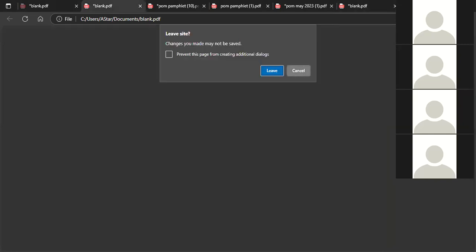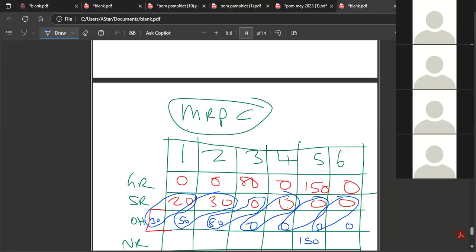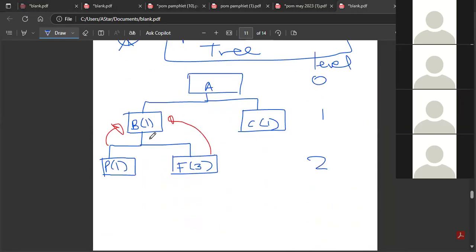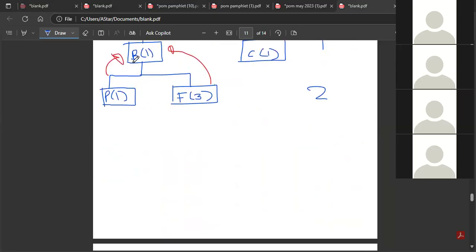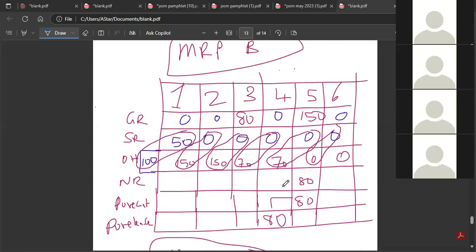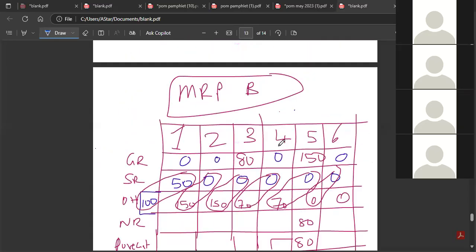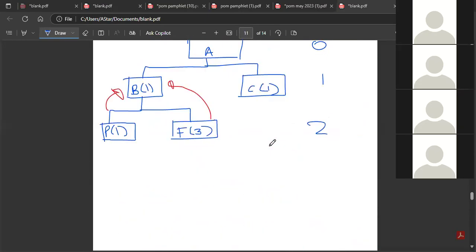Which one are we talking about? The P and F. These ones, they are coming from B. So you just use the B arrangement. You just use what came from B. As you're preparing the MRP for P, you multiply by 1.